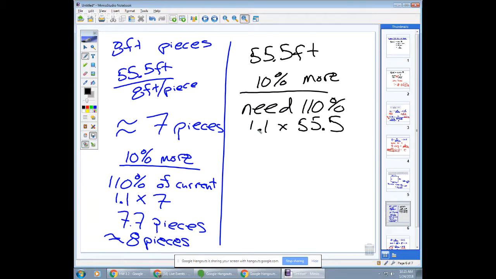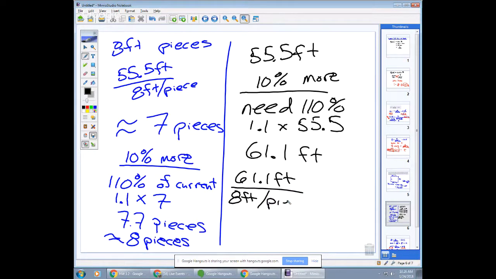Somebody with a calculator help me out. 61.1? Okay, and that's feet. So now we think about 8 pieces, so we want to take that 61.1 feet, divide by that there's 8 foot per piece. 8 goes into 61, 7 point something times what?